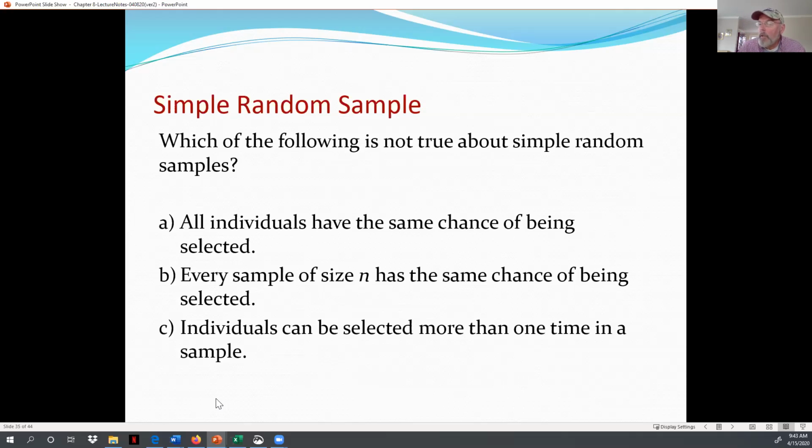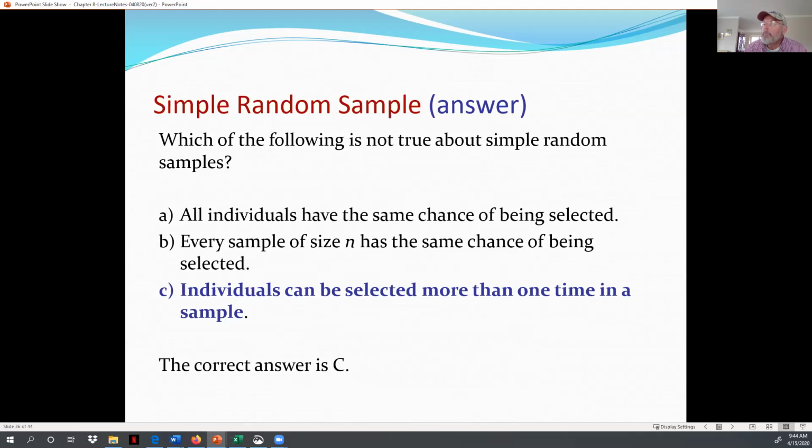Anybody want to take a stab at this? Okay, how about C? Individuals can be selected more than one time in a sample, and that is not true. Okay, so that does it for Chapter 8.